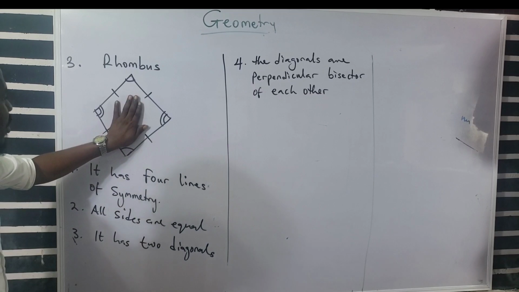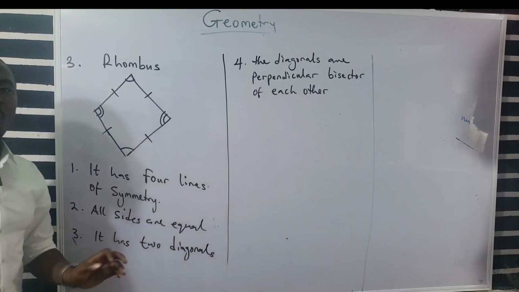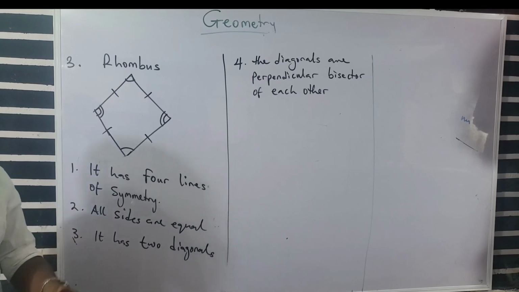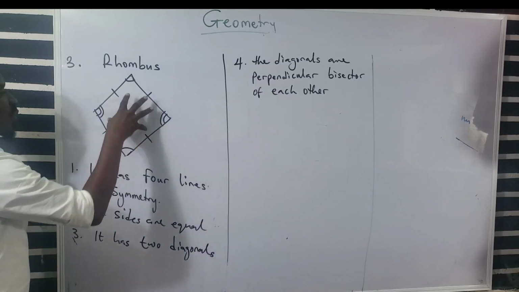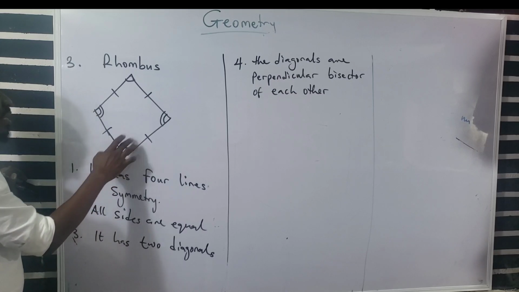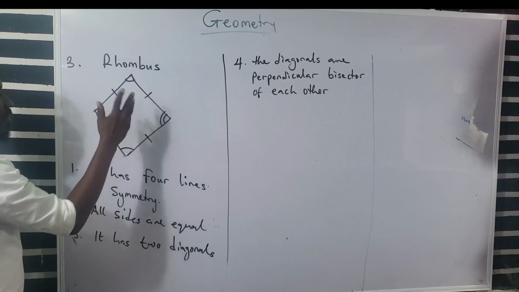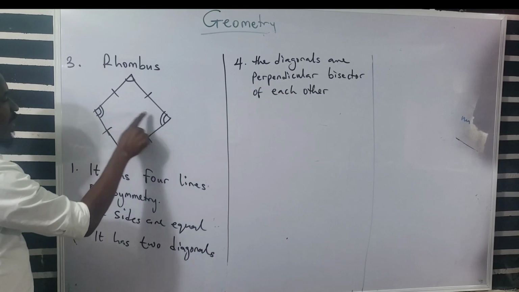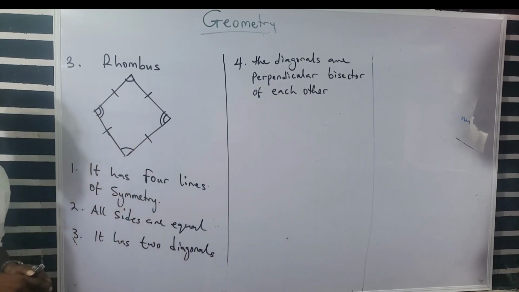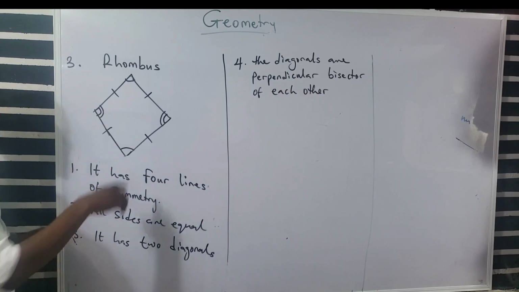So this is a rhombus. Okay, a rhombus is almost like a square. The only difference between a rhombus and a square is that in a square, all angles are equal and they are equal to 90 degrees, but in a rhombus, they are not equal. You can see that the opposite angles are equal, which is a general property of a parallelogram.